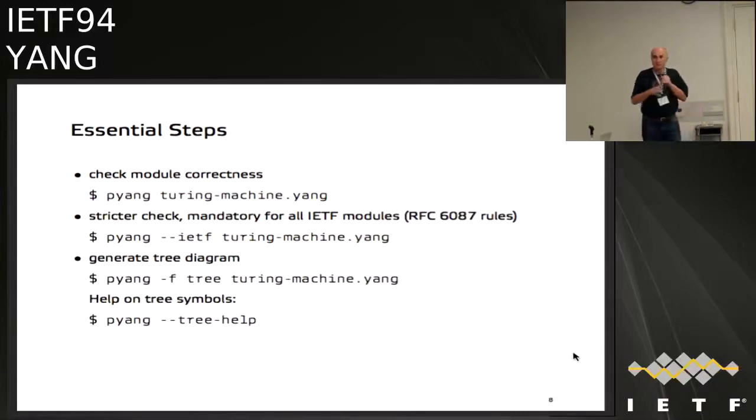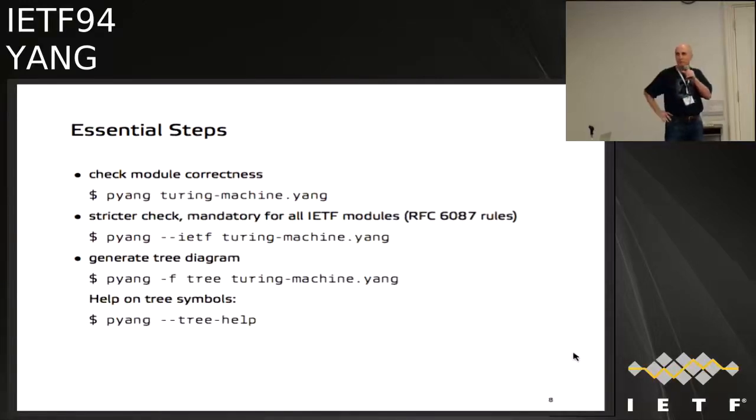And then, of course, if you want to see what the data model looks like, and this is also information that should be included in an Internet Draft, because it's very useful as an overview of the data model content, it's very useful to use that tree output plugin that gives you a tree-based representation of the data model.